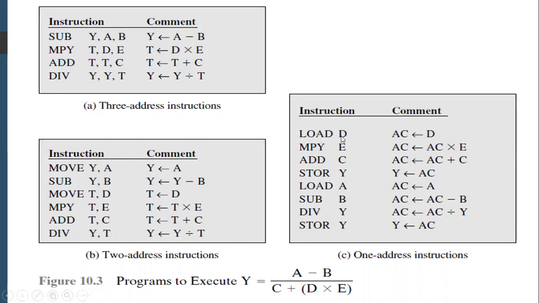First load d. Whatever contents of d are, we're going to copy those contents into the accumulator. When I'm saying this is a one address instruction, we are considering that there is only the accumulator register available in the processor.